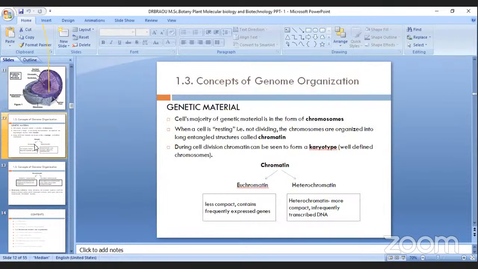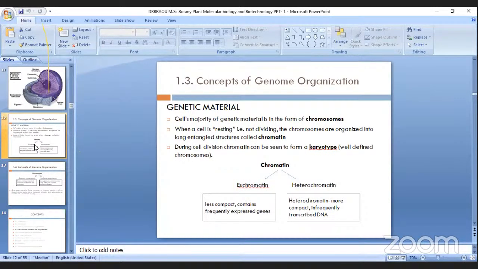Genetic material. As we discussed, the DNA is present in chromosomes. The majority of the cell's genetic material is present in the form of chromosomes during cell division.